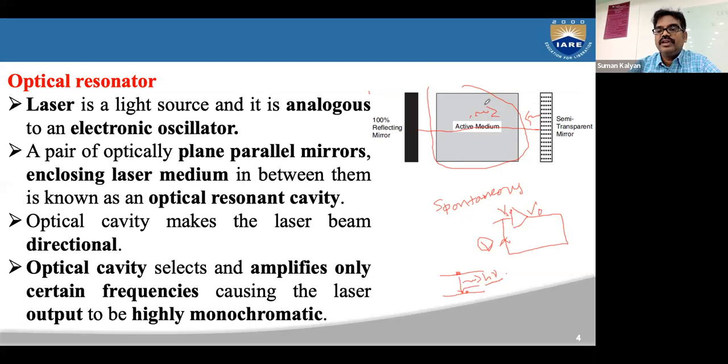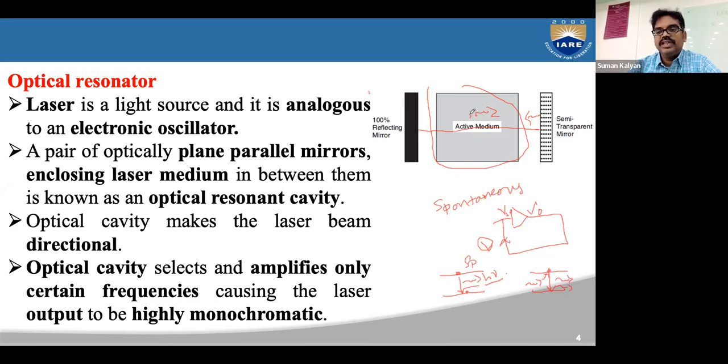Okay, so we have discussed this in the morning. Once these photons are emitted, on their way they again stimulate the atoms in the higher energy level and give rise to an extra photon. So it stimulates this photon and emits two other photons.